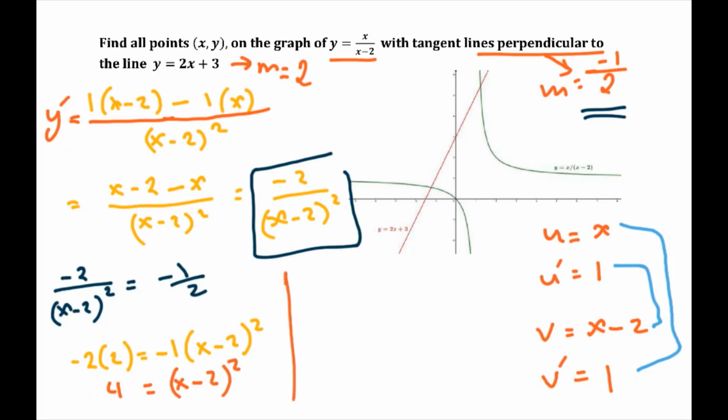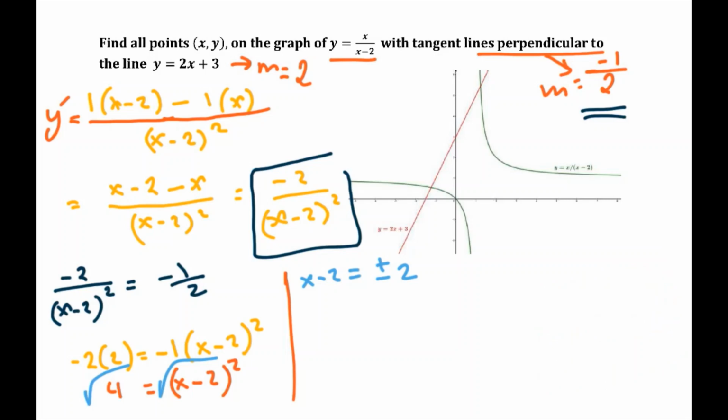Now you can take a square root of both sides, and that's going to be x minus 2 equal positive or negative 2. Now from there, we can continue. So you have either x minus 2 equal 2 and then x equal 4, or x minus 2 equal negative 2 and then x will equal to 0.